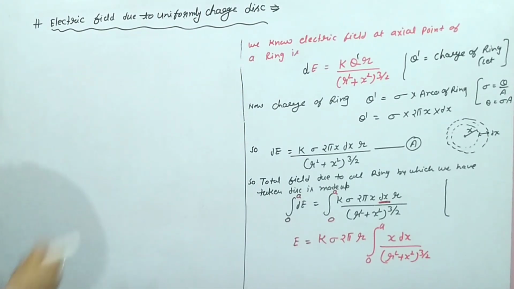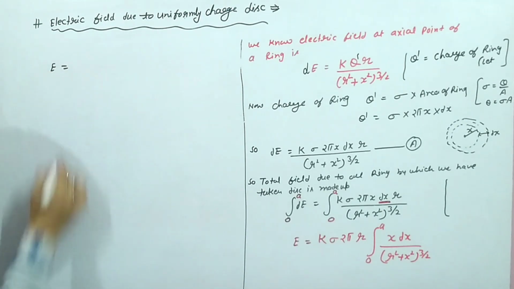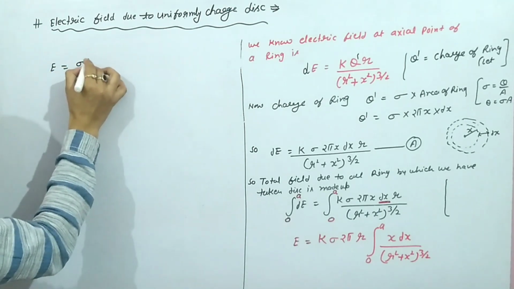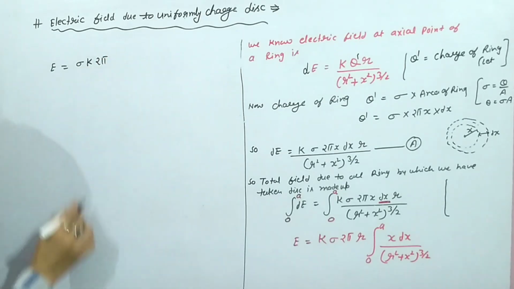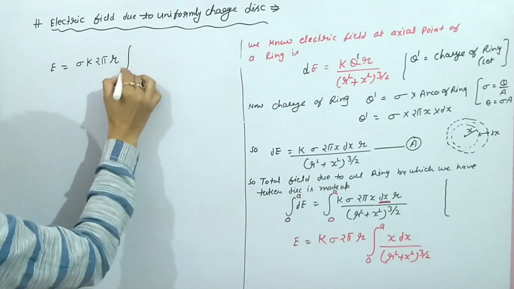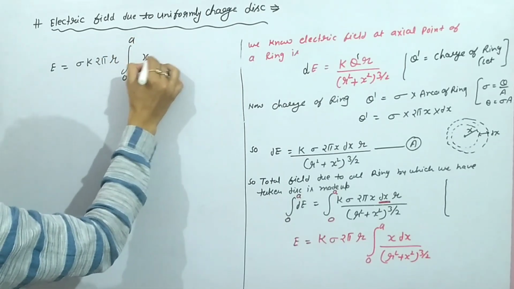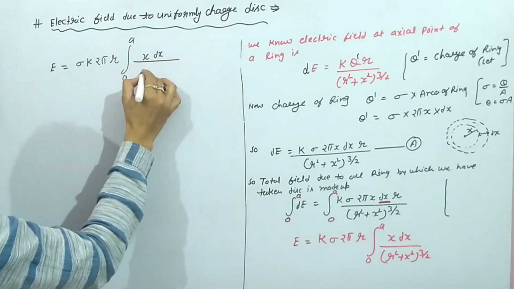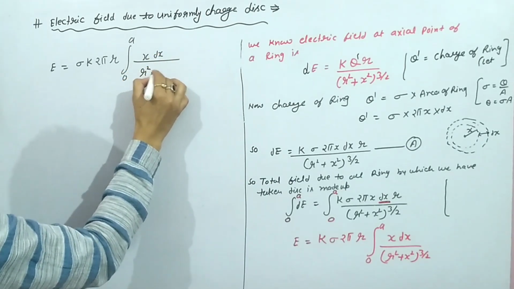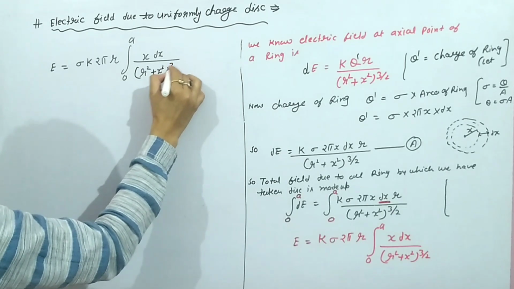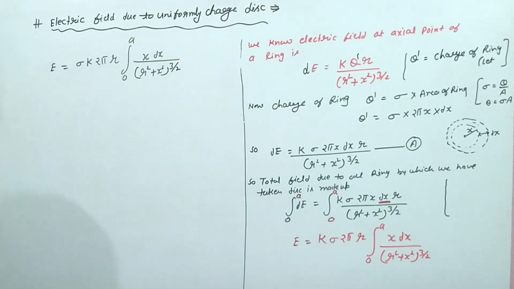Now from here, E equals sigma k 2 pi r integration 0 to a of x dx upon r square plus x square whole power 3/2. This is our condition. Now we have to solve it.